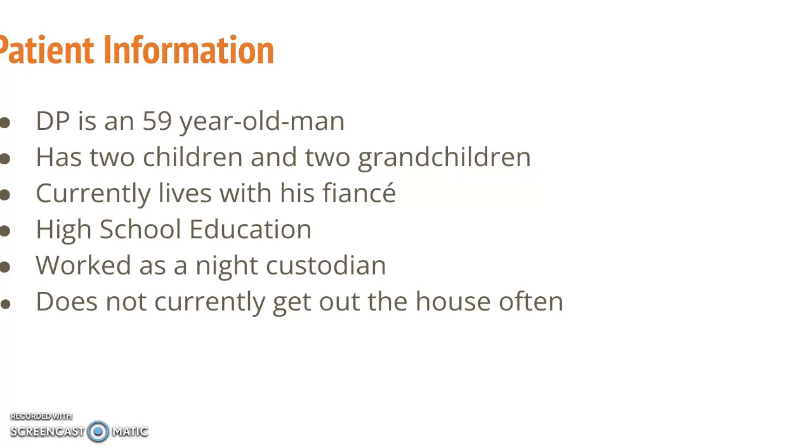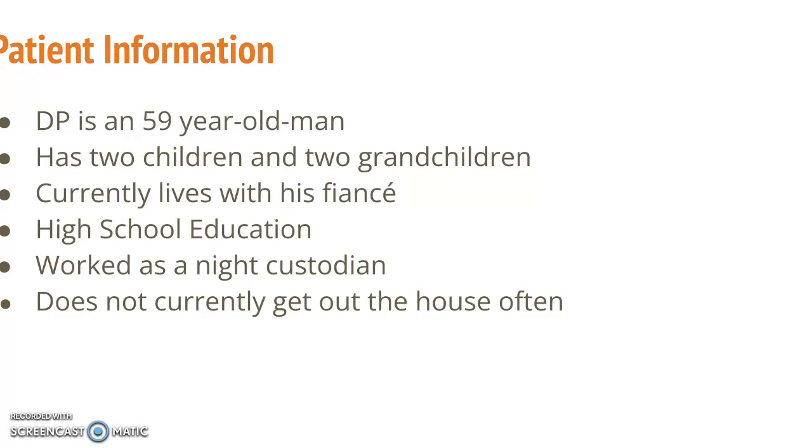He currently resides in a house with his fiancée, Donna. He explains that Donna does most of his caretaking at home. She cooks for him. She helps him get from place to place throughout the house, and also helps him fulfill many other daily activities.